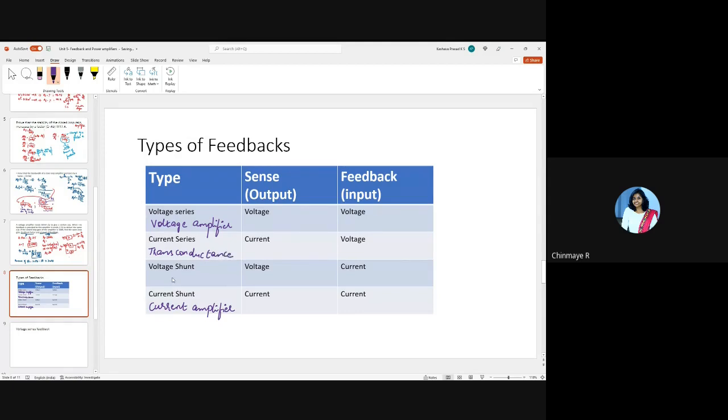The other case, when the output is voltage and input is current, it's called a transresistance amplifier.